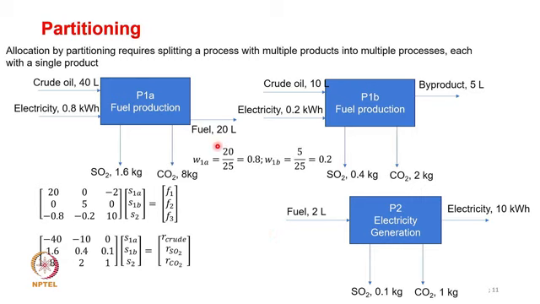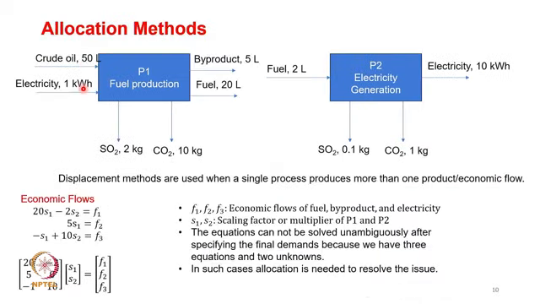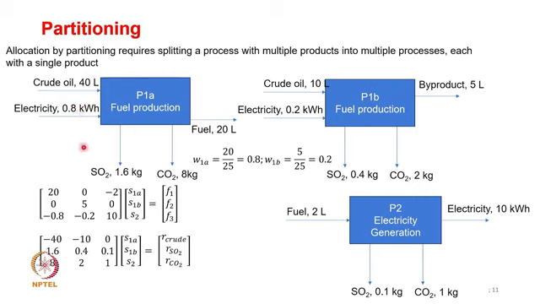Now whatever is written here, 40 liters, is just obtained by multiplying with this allocation factor. You have to multiply 0.8 with all of these, so you will see this is the scaled version. 50 becomes 40, 1 becomes 0.8, and so on. Similarly, what is remaining?